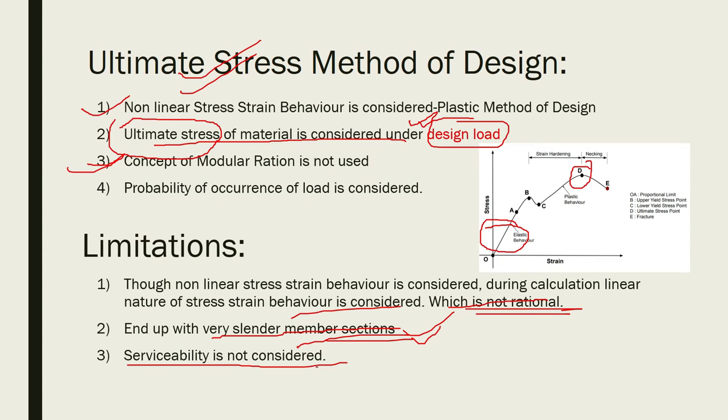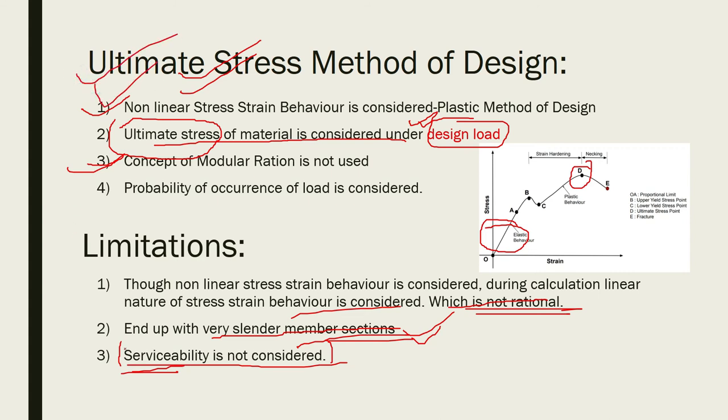That means you are constructing a structure with very slender members, which can take the load, but you will see a large amount of deflection or large cracks develop in the structure, which doesn't make the structure serviceable. From the utility point of view, you are not going to use this structure. So serviceability is not considered in the ultimate stress method.